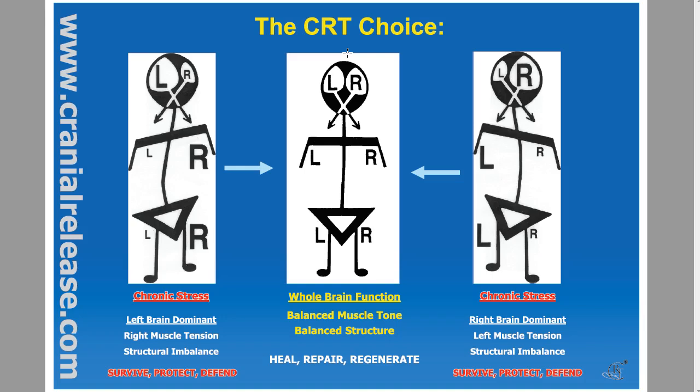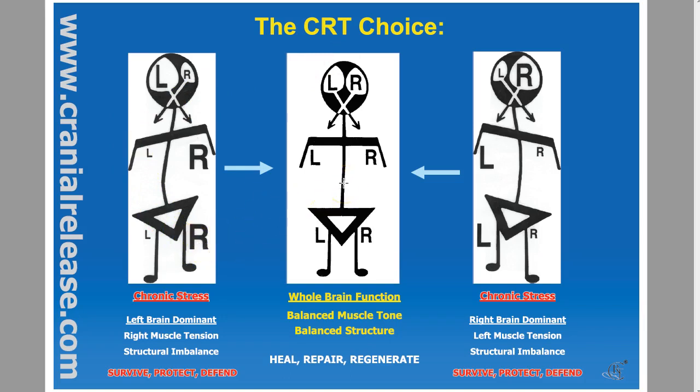I'm going to check their legs. I'm going to see which leg is short. I'm then going to turn the legs in to internally rotate the feet to see which leg is tighter. In my experience, the short leg will always be the tight leg.